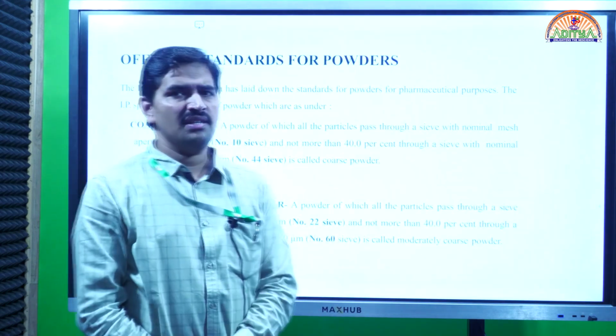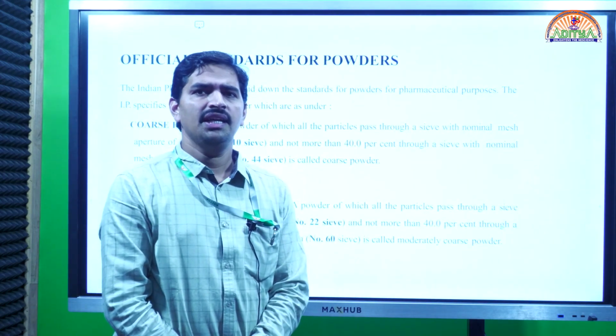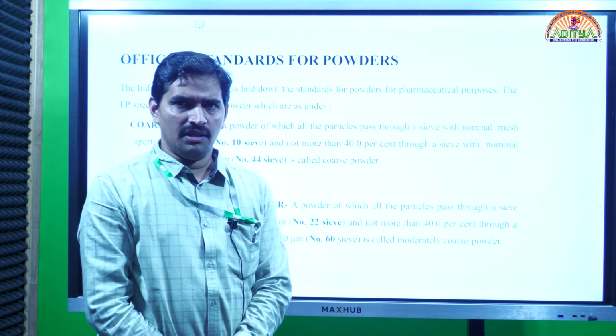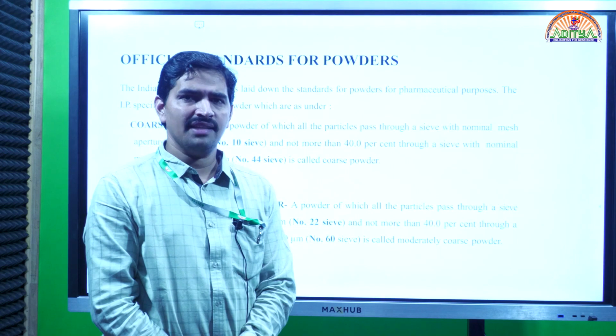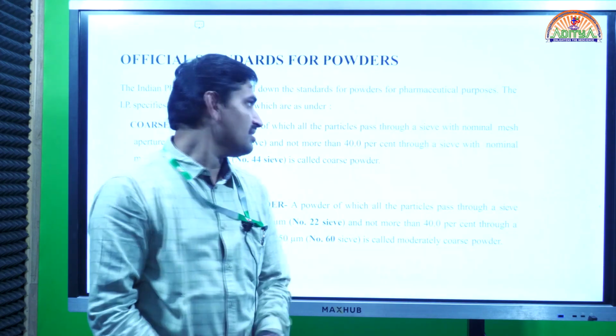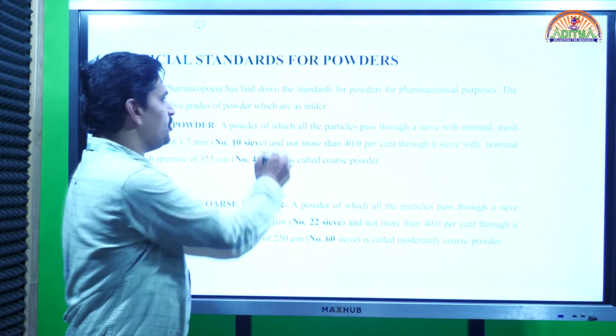Coming to the official standards of powders, usually the Indian Pharmacopoeia prescribes the standards for powders. Based upon their size, they are classified into different types, so let us see their definitions. Coming to the first one, coarse powder.